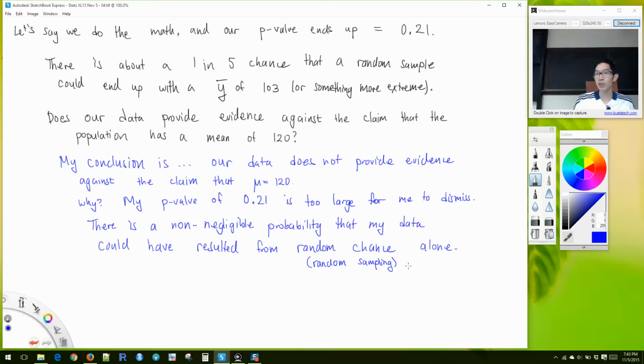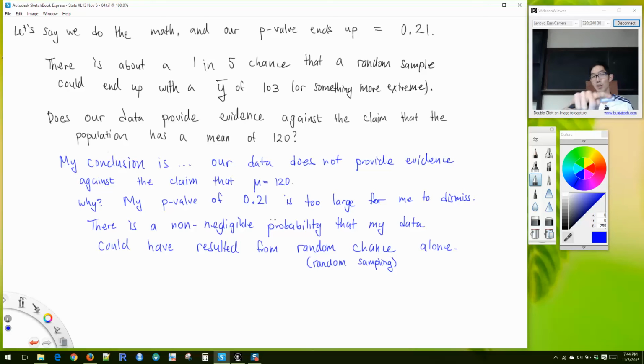And so here, when you get a p-value of 0.21, basically we're saying the data we have could have just been a result of coincidence or random chance, because something like this happens from random chance over 20% of the time. Okay? Yes? So how low does the p-value have to be before it raises your eyebrows? That's a great question.